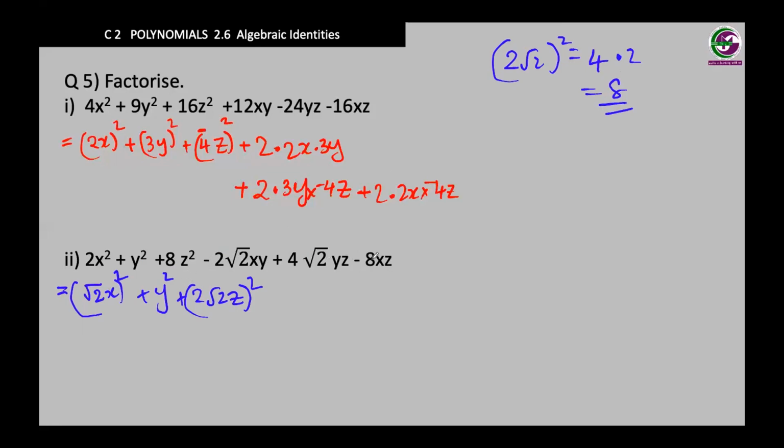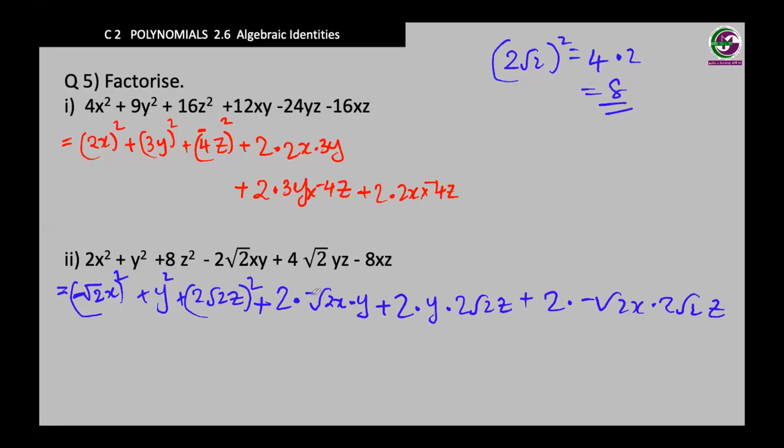And we can see that wherever you have x, there is a negative sign. So the x term will be negative, then the other two terms will be positive. So let's rewrite 2 times first term times the second term, plus 2 times second term times the third term, plus 2 times first term times the last term, which is 2 root 2 z.